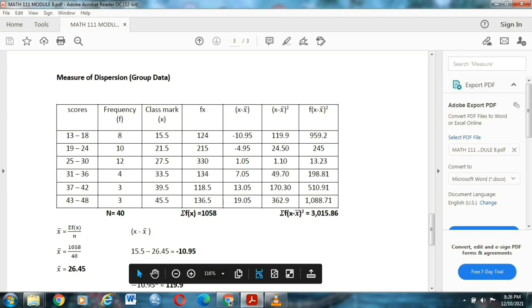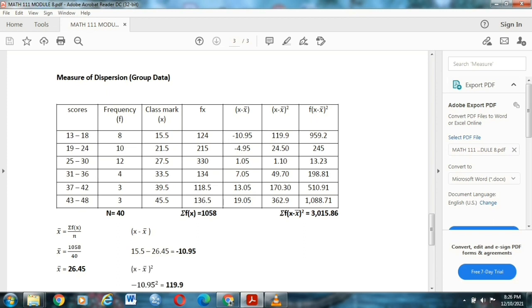And the rest. So, pag makuha natin yun, simply squared natin yung nakuha natin na x minus x bar. Negative 10.95 squared, ibig sabihin, times itself. Negative 10.95 times negative 10.95 is equal to 119.9. Negative 4.95 times negative 4.95 is 24.50. 1.05 times 1.05 is 1.10.